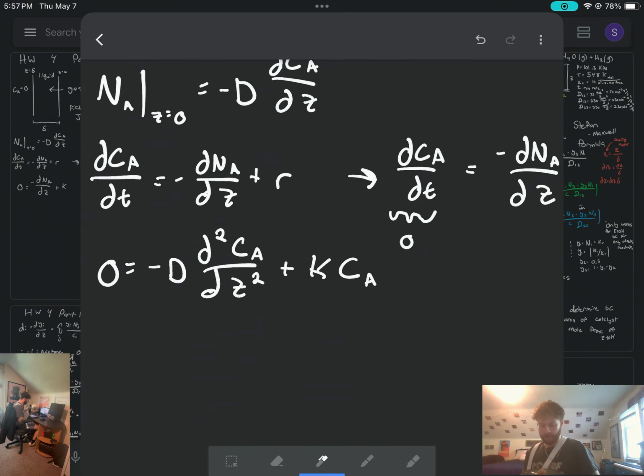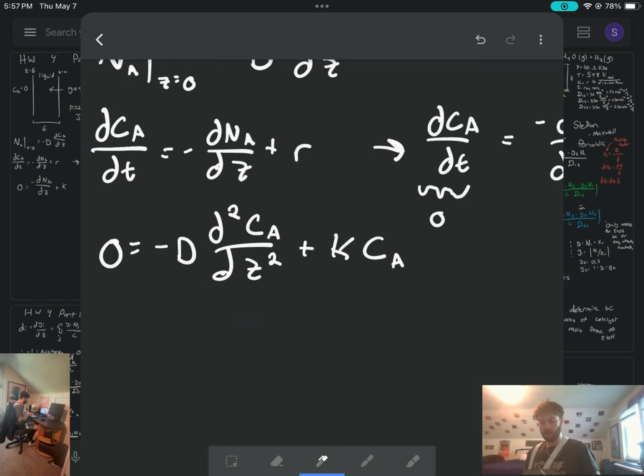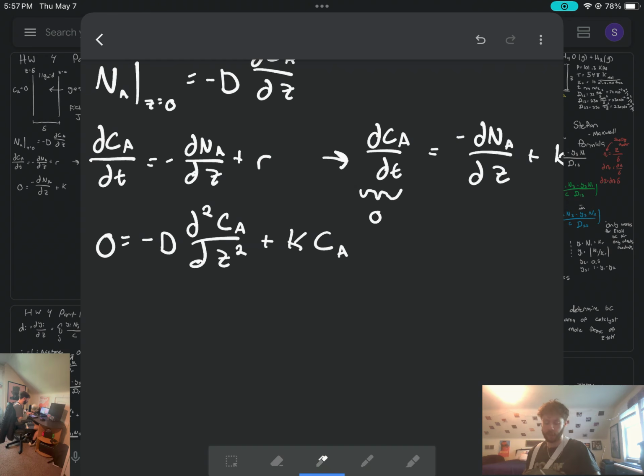We'll rearrange this so that we solve for the second derivative of our concentration.